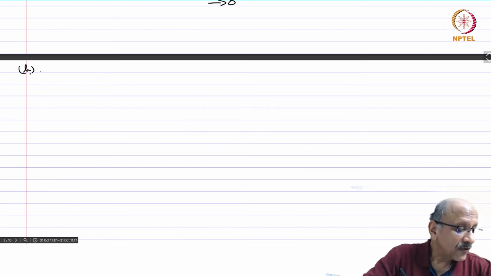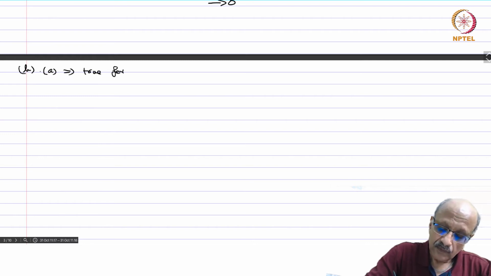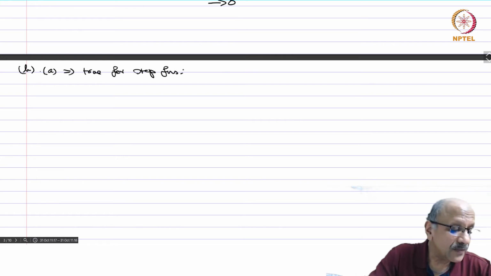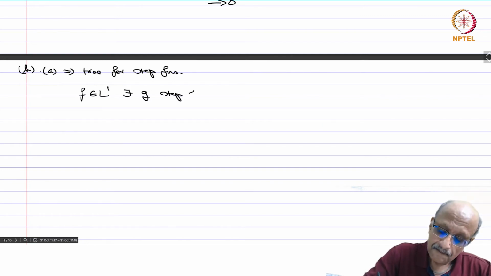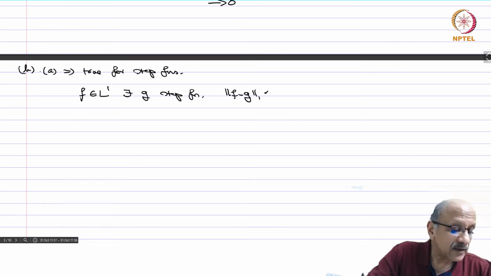Part B. A implies it is true for every characteristic function, and therefore by linearity it is true for any linear combination of them. So it's true for step functions. If f is in L1, there exists a step function g such that the L1 norm of f minus g is less than epsilon, by the previous exercise.